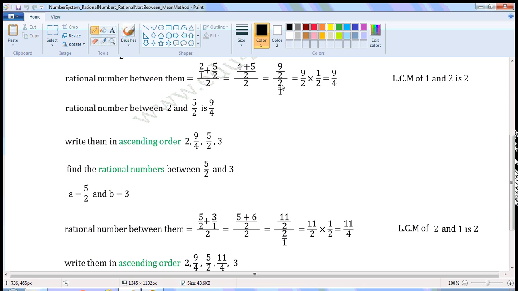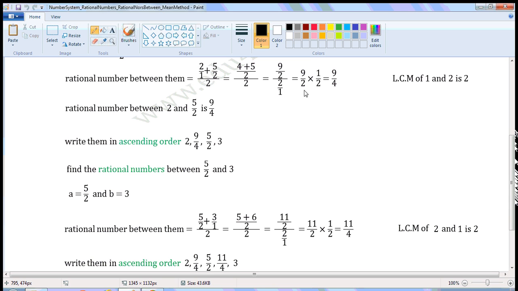We can write this 2 as 2 by 1. 9 by 2 by 2 by 1 means 9 by 2 divided by 2 by 1. When a fraction is divided by another fraction, it means multiplication of the fraction in the numerator with the reciprocal of the fraction in the denominator.